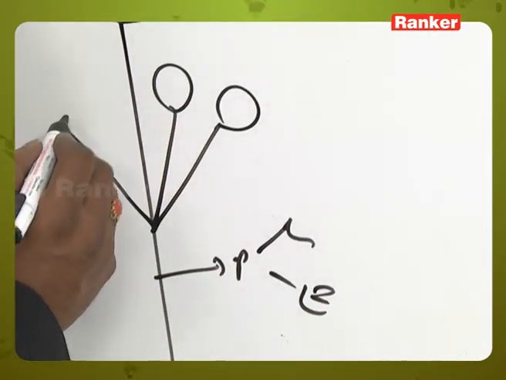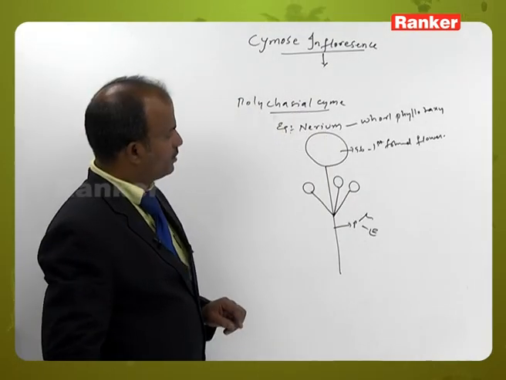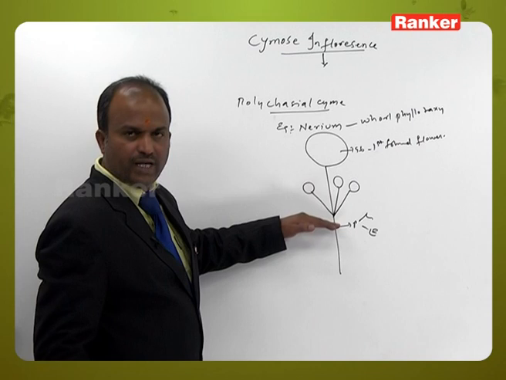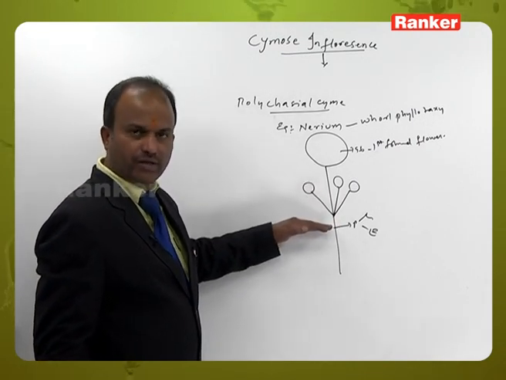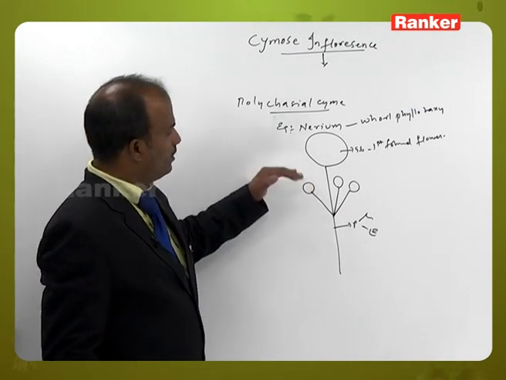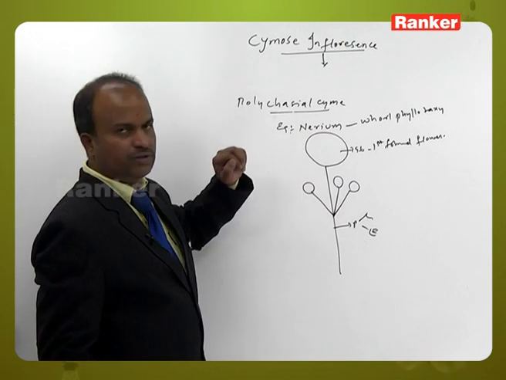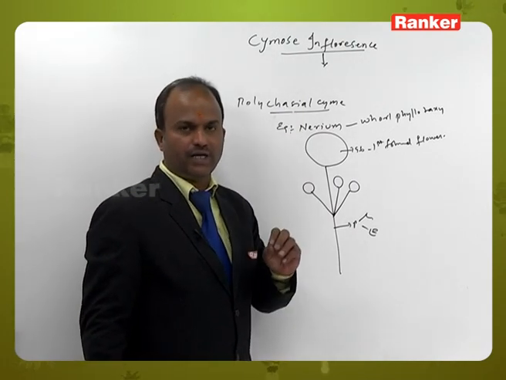Why? Because they also terminate into flower. If more than 2 branches develop and the terminal buds of those branches terminate into flower, this type of cymose inflorescence is called polychasial cyme.